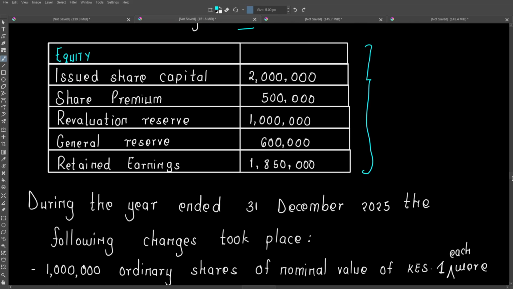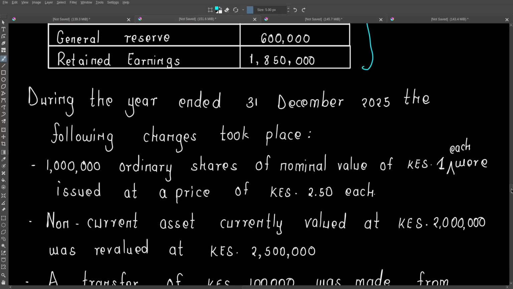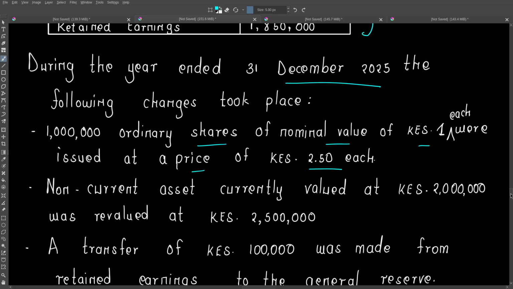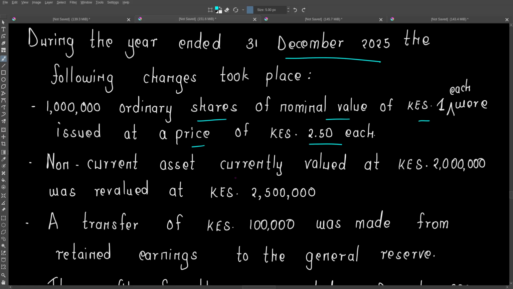Then the question further says that during the year ended 31st December 2025, the following changes took place. One is that 1 million ordinary shares of nominal value Kenyan shillings 1 were issued at a price of 2.5. Then a non-current asset currently valued at 2 million was revalued at 2.5 million.